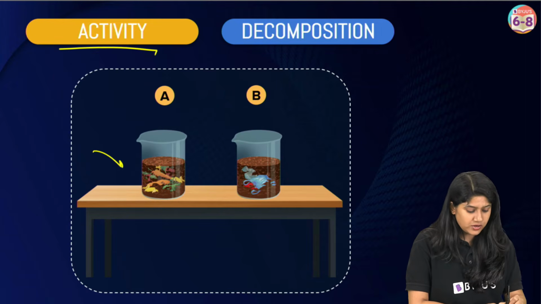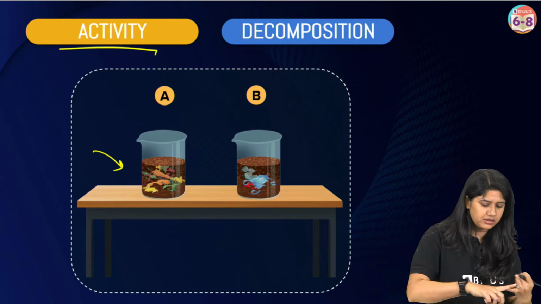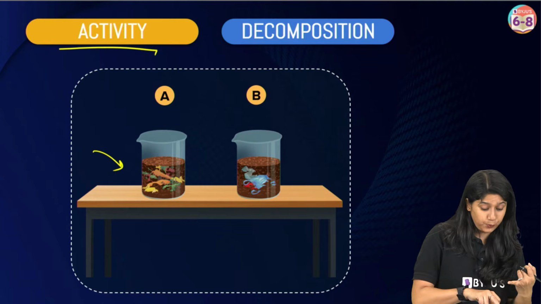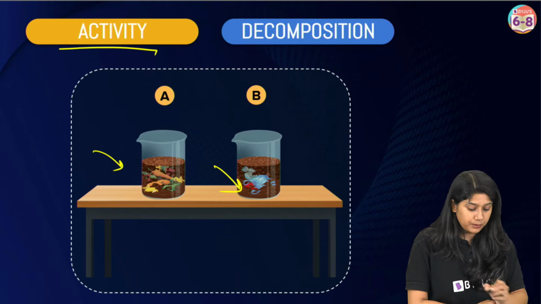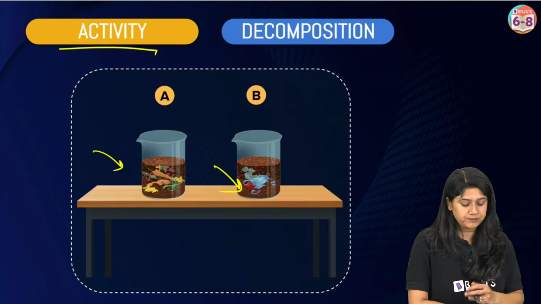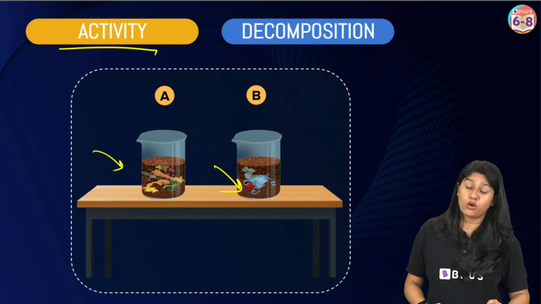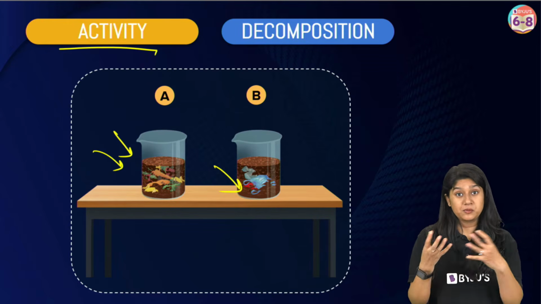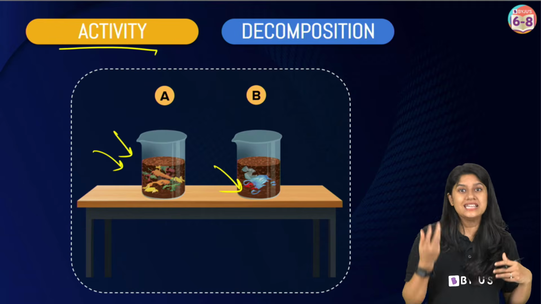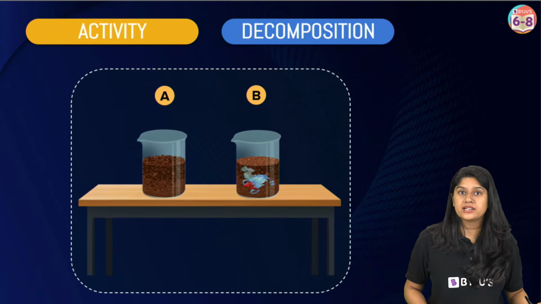So in one jar we have the living material, basically the waste of plants, vegetable peels, and in beaker B we have the plastic. We know that microorganisms will be able to act only on the vegetable peels, the fruit peels, the leaves, or the dead organisms, and we will see them getting decomposed.